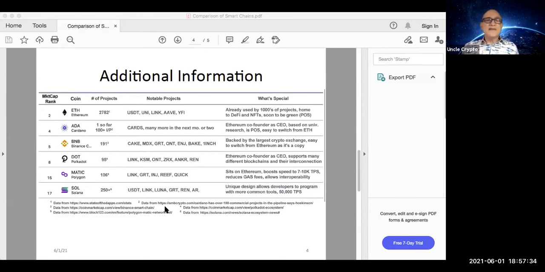ADA's CEO and founder is a guy named Charles Hodgkinson, and he is an academic. He was also one of the co-founders of Ethereum, along with Vitalik. He's a mathematician, and he is very well versed in academia, that is to say, universities and things.